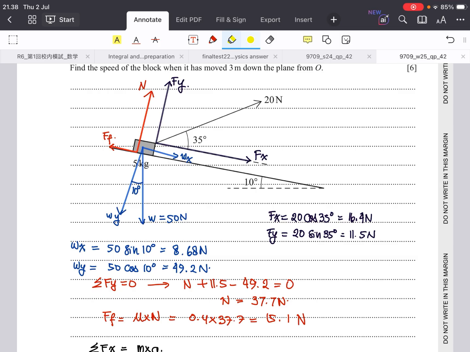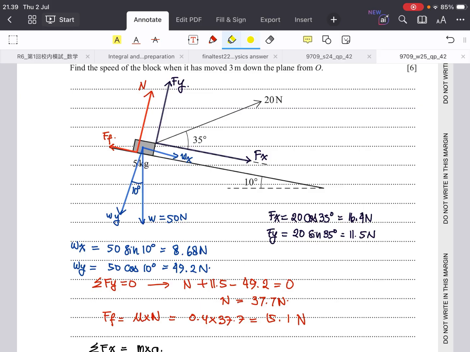And then the friction force, the formula is mu times N. The coefficient of friction is 0.4 times the normal contact force, 37.7 newtons. So the friction force is 15.1 newtons.